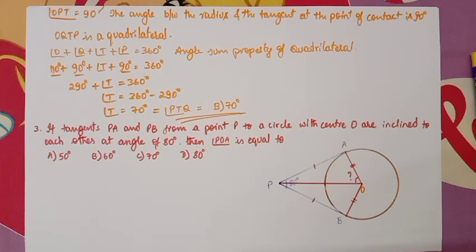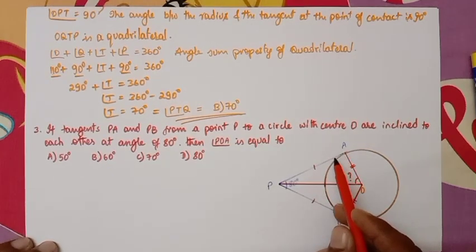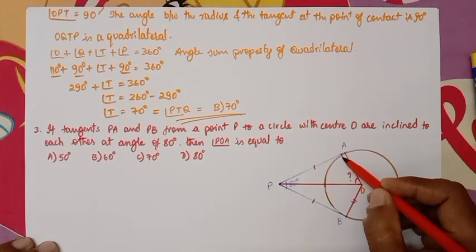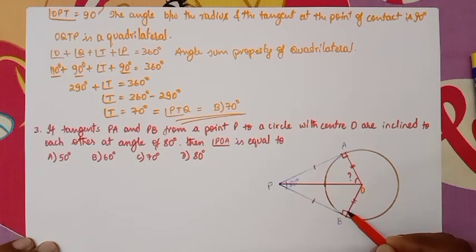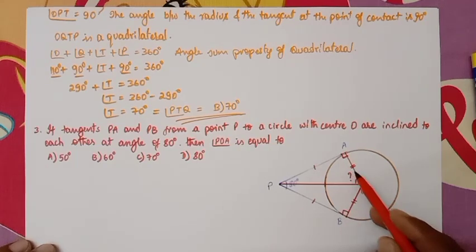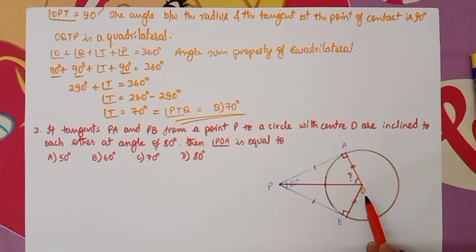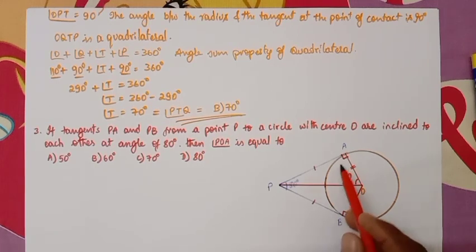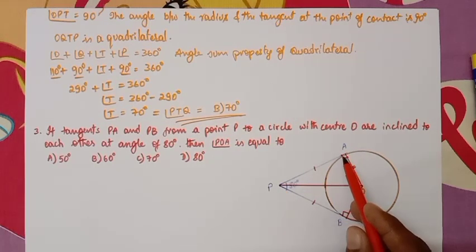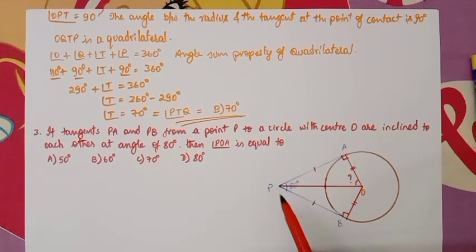Yes, right? Here we have to understand. It is so simple a problem that it is very easy for us to understand. As I have already told, angle A will be equal to angle B, as both are equal to 90 degree. PBO angle will be equal to 90 degree. So this is a quadrilateral. AOBP is a quadrilateral.